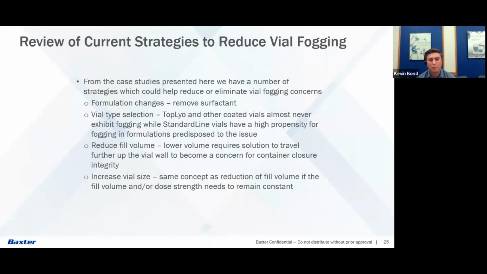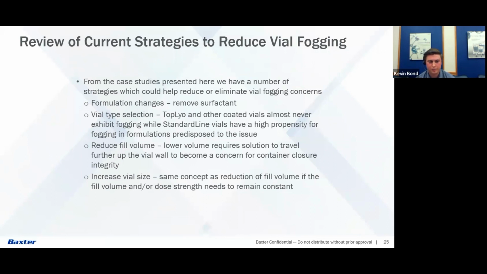We've seen from our case studies that top lyo and other coated vials would almost never exhibit vial fogging. And some of the refinished glass surface vials also have a much better vial fogging performance than something like the standard line vials, which do have a high propensity for fogging in formulations which contain a surfactant or are predisposed to the fogging issue.